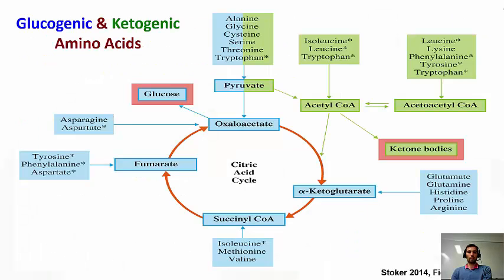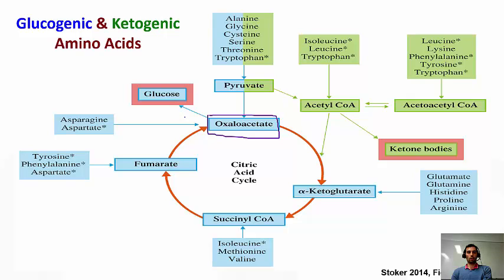So here we can see a map of which amino acids are glucogenic and which are ketogenic. Everything in blue here are the glucogenic amino acids. In theory, we can use the oxaloacetate that we can generate from all these glucogenic amino acids to convert back to glucose.